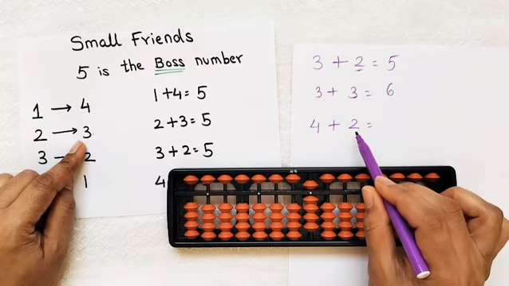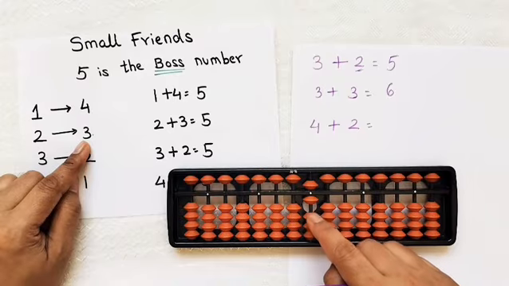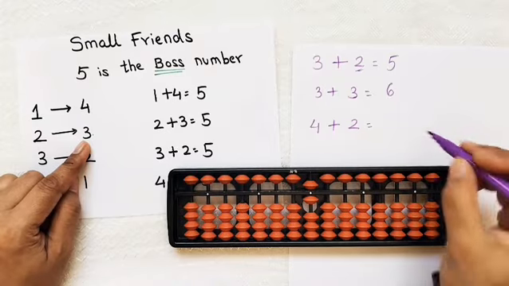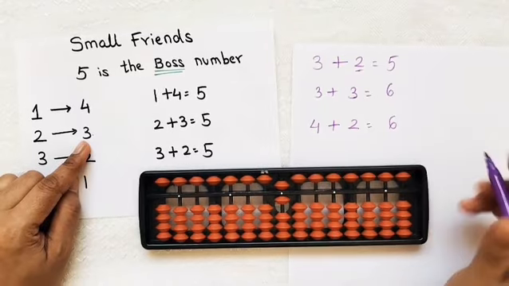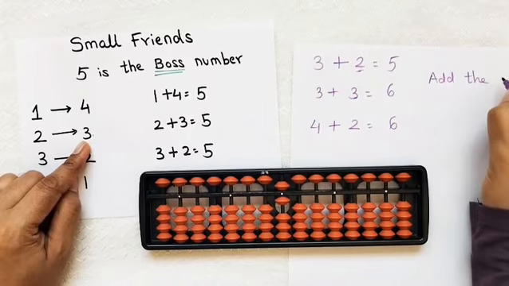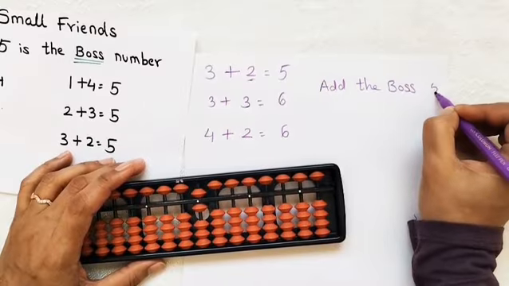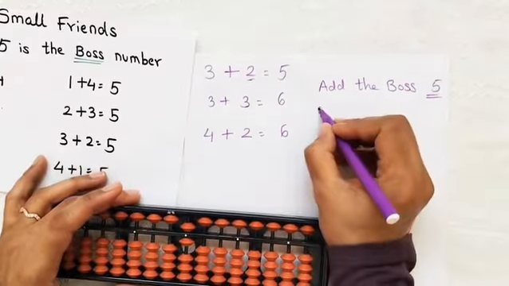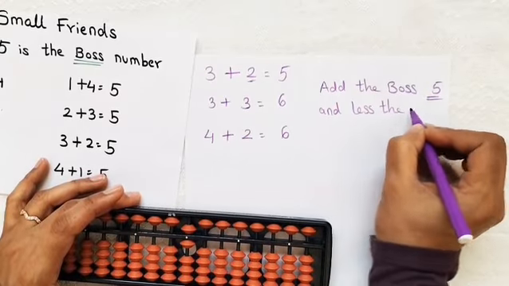And less the friend of 2. Means I have to less how much? 3. So my answer is 6. You just have to add the boss. Who's the boss? 5. And less the friend.